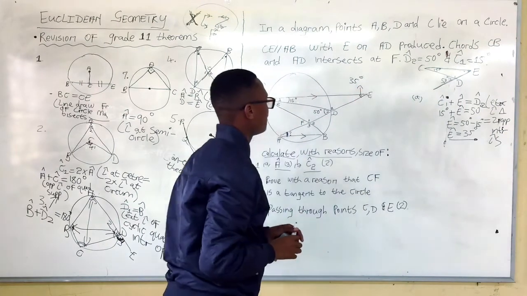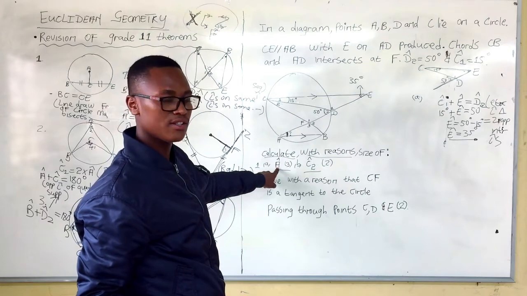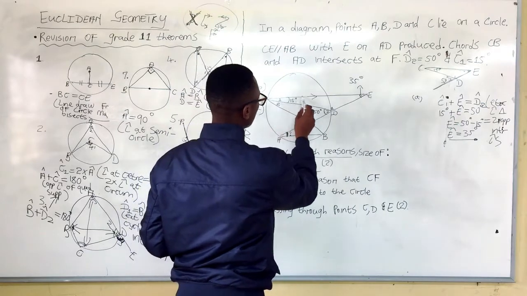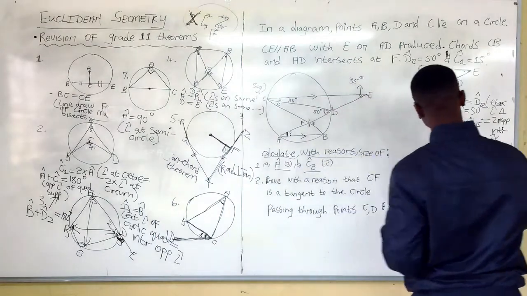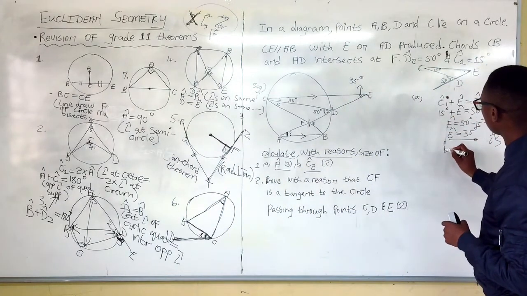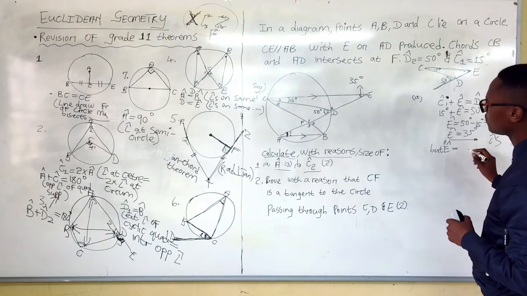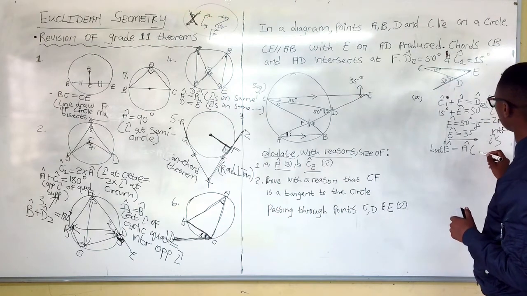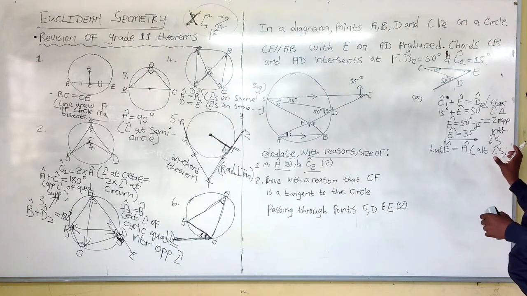So angle E is 35 degrees. But the question says find the size of angle A. I've said that angle E is the same as angle A. Why? Because they fall on the letter Z, so they are alternating angles. Therefore, angle E is equal to angle A because they are alternating angles.